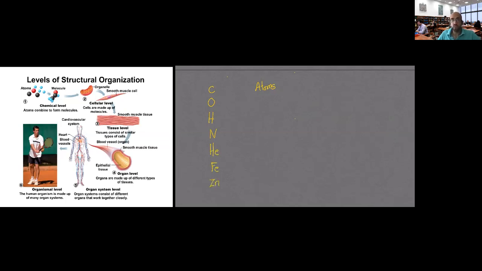All those are elements, and the basic structure of an element is the atom. But those atoms do not exist on their own like this in most of the situations.